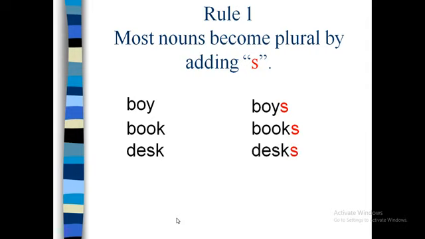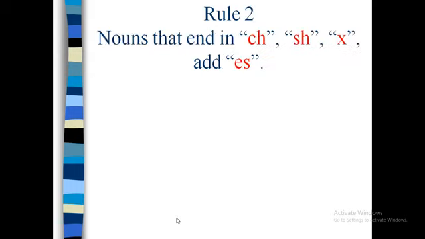Desk, desks. School, schools. So boy becomes boys, book becomes books, desk, we just add s. يعني فقط نضيف على الاسم هذا النورمال في الحالة العادية we just add s to the noun. بنضيف s على النون.